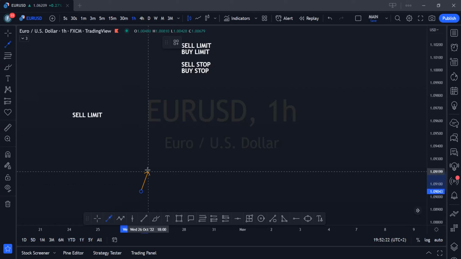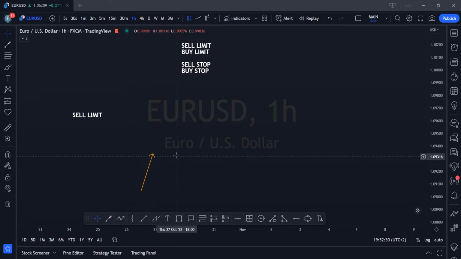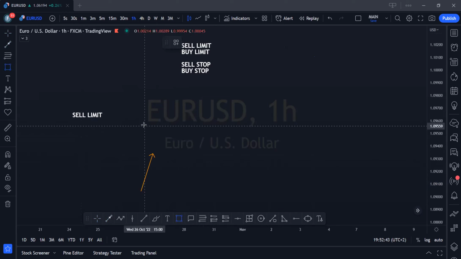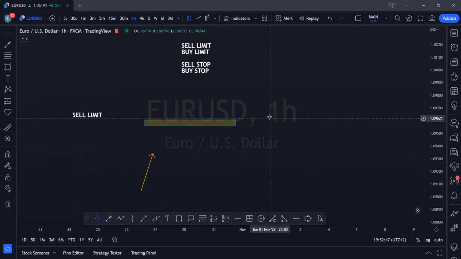Price is going up currently. So the price direction is going up like this. Now, to use a sell limit order, remember limit orders are what? Reversal orders. So based on your analysis, maybe you analyze that if price for any reason should come up into this zone, you think that you should start selling.